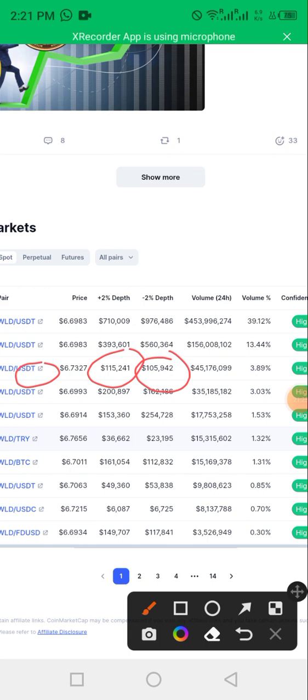So with this being checked, we can now go out and look for another trading pair where we can put these factors into consideration. That is the volume, the +2% and the -2% depth. That is the minus and the positive. That is, if we have a higher -2% depth as against the +2% depth, then we can put in our trade with other factors being put into consideration.